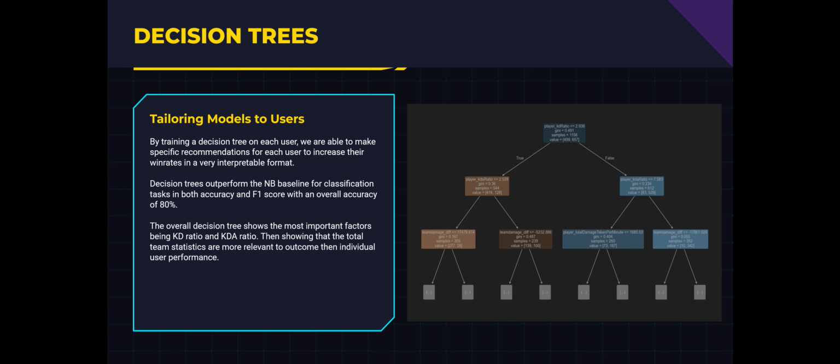The most important value for overall win rates is your KD ratio and KDA ratio. The secondary factors include team level statistics and maybe the amount of damage that you've taken per minute. If you're not being hit and your team is doing well, you're going to win.